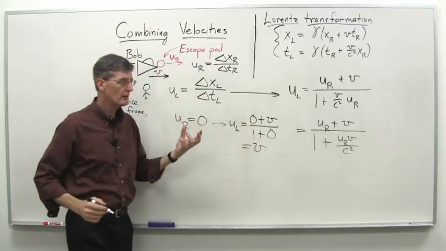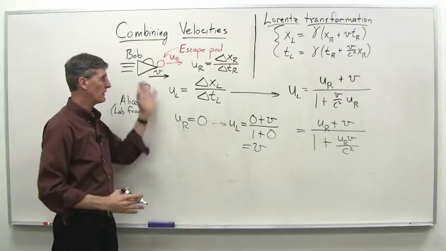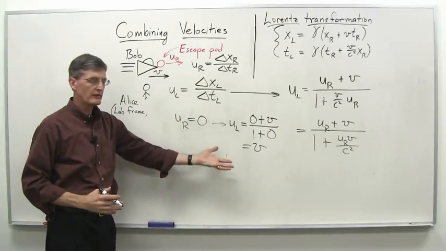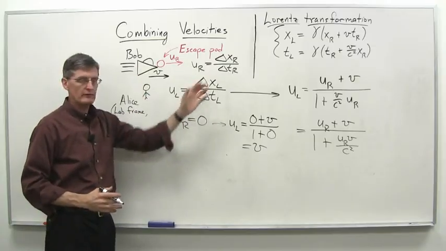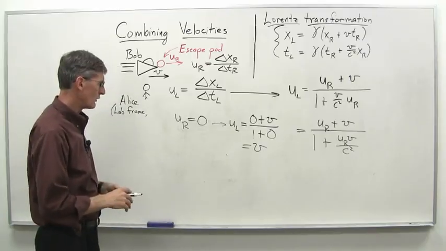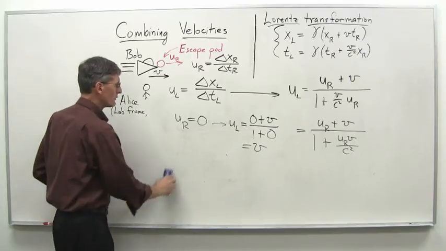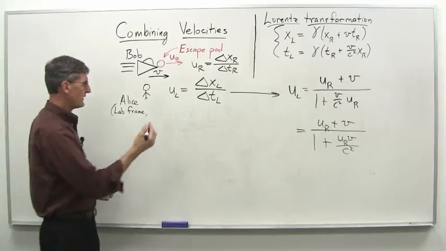And that's exactly what we'd expect to get. Okay, so if the velocity of the pod, or whatever the object is, is 0, then the velocity as Alice sees it of the object is just the difference in the frames of reference, really, the relative velocity between them. So that's one thing to check. Let's do another one here. Okay, so that checks out. What if v is 0?